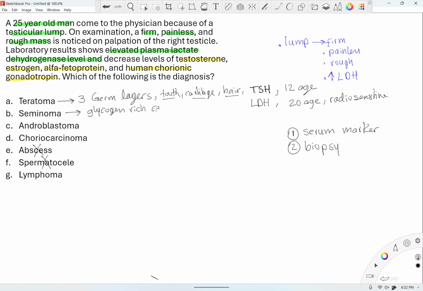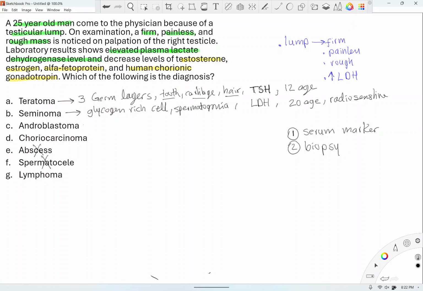Within the cell there will be large clear vacuoles full of glycogen. The cells you see in here don't look like cartilage tissue or anything like that. They look like spermatogonia, which is immature sperm.